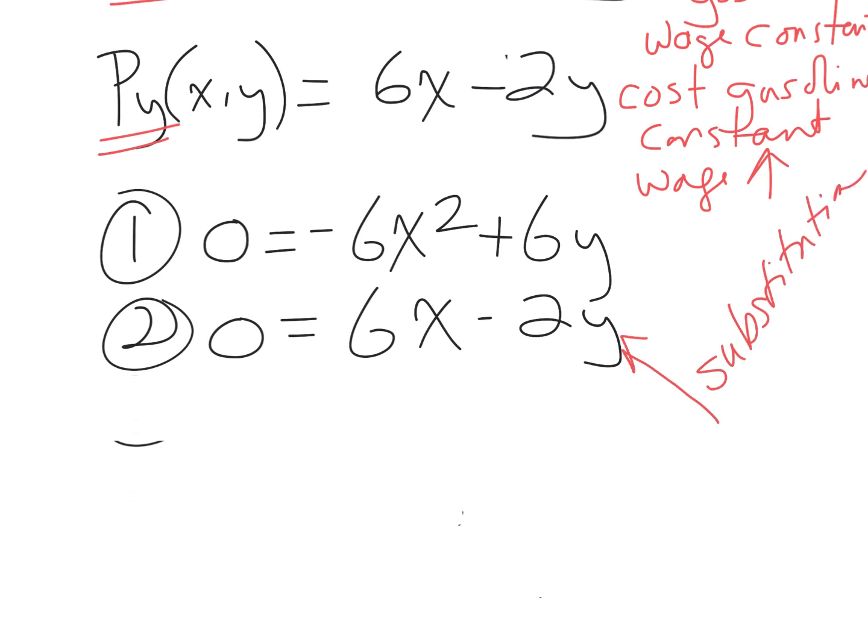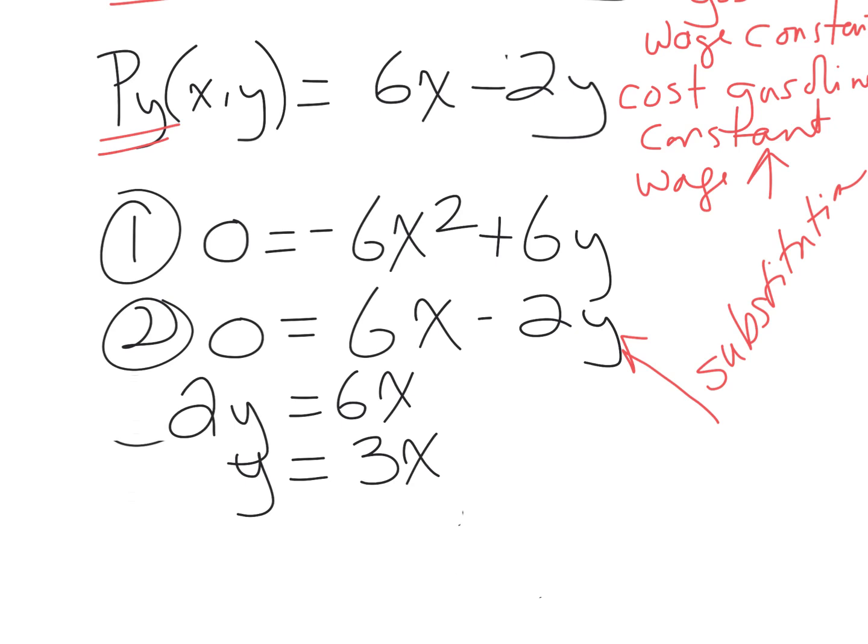Looking at equation 2, I can add 2y to both sides and divide both sides by 2, and then I have a relationship between x and y that will help me determine the other value.